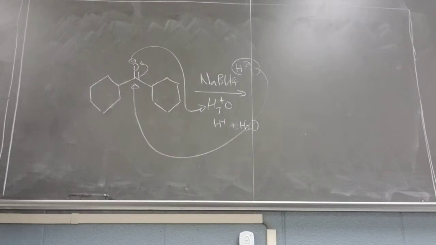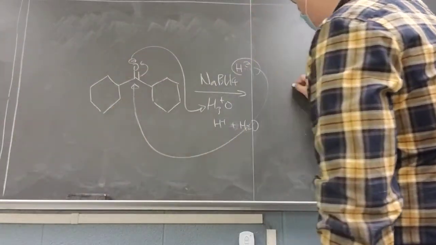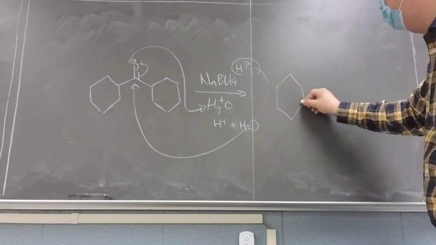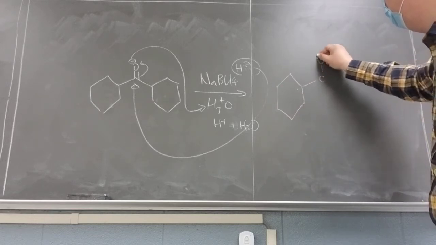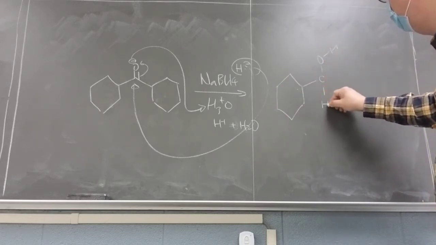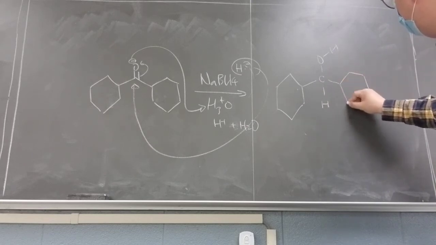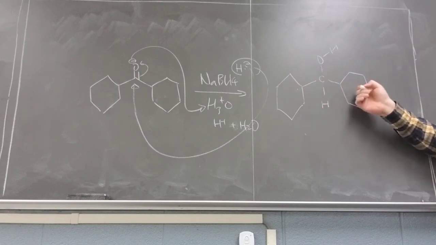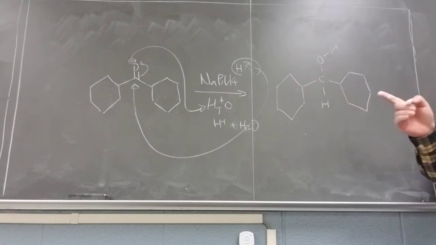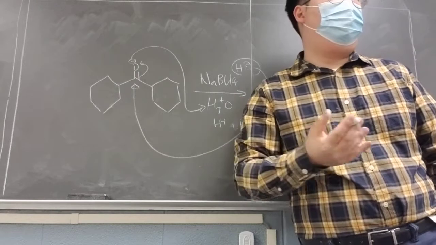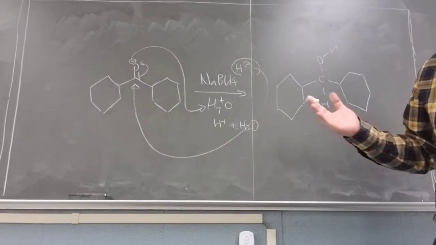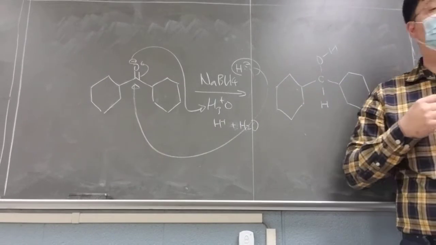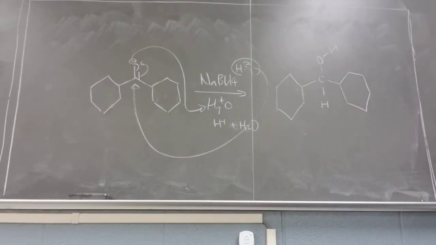So as you can see, my drawing is really bad today. So this will become a secondary alcohol. If you do the reduction on the ketone, you can make the secondary alcohol. So this is kind of proving what we had in the theory.